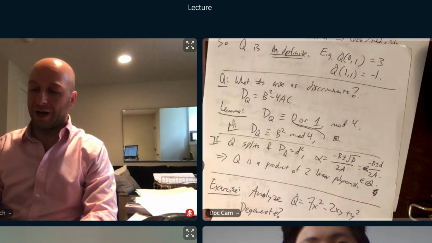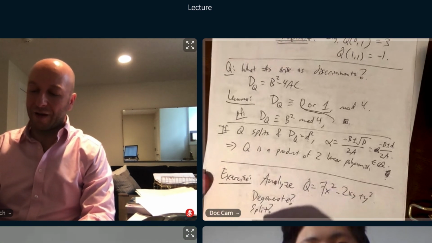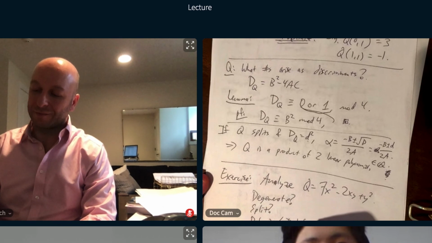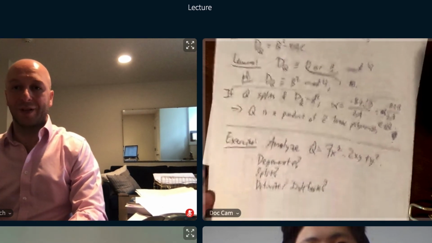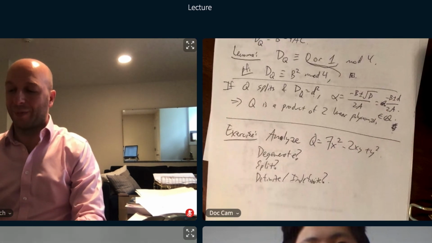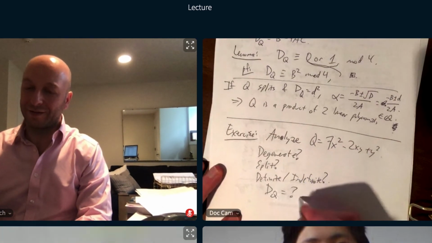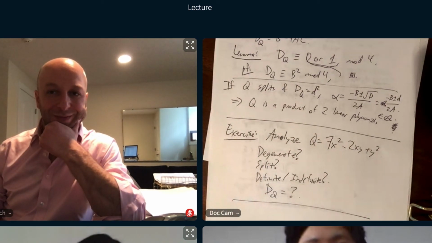Does it split? And is it definite or indefinite? And of course, the answer will be dependent on the discriminant. So what is the discriminant? Okay? Any questions?